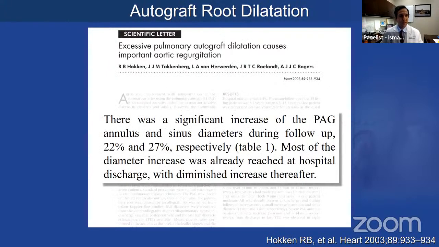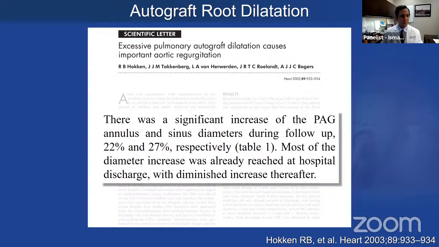However, they also examined why these patients came back and what the behavior of their autograft roots were. And the main reason why patients come back for reoperation, at least on the left side, is because of dilatation of the pulmonary autograft root when you put it in systemic conditions.